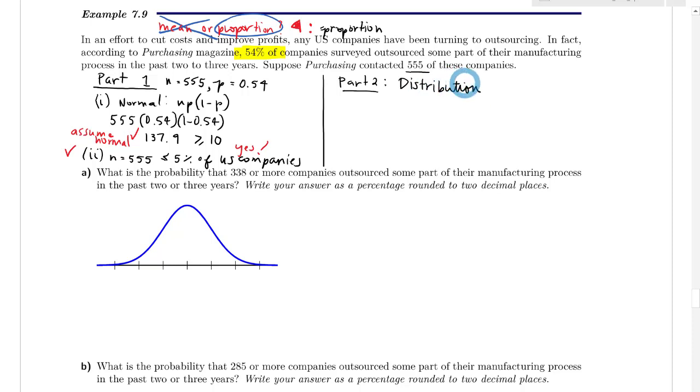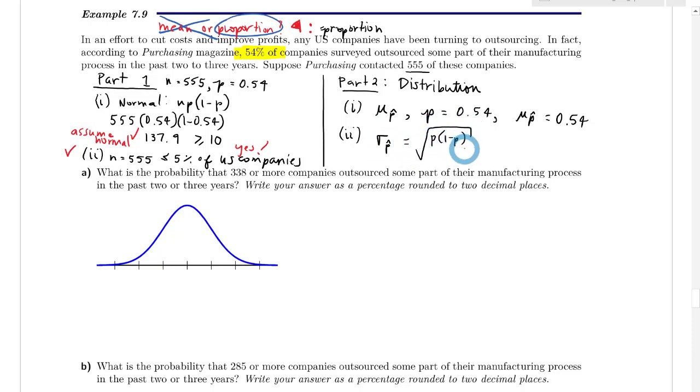So part 2 of the distribution means the first thing we need to talk about is the mean, right? Mu sub p hat. Because we already distinguished that the population is approximately normal, we do know that the population proportion is 0.54. So therefore, mu sub p hat is equal to 0.54. The second thing is the standard deviation with respect to the sampling distribution, and that's going to be the square root of p times 1 minus p over n under the square root.